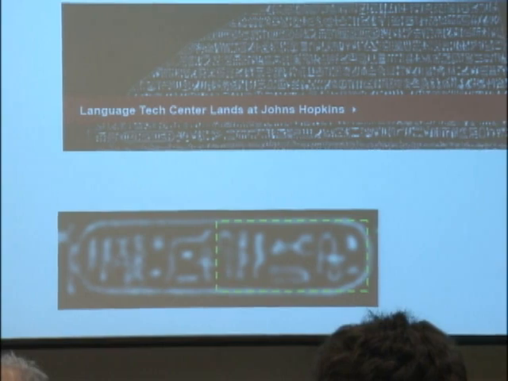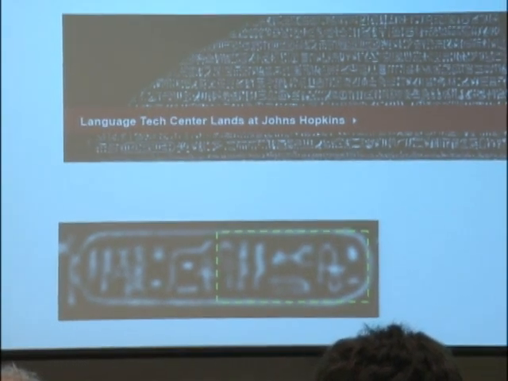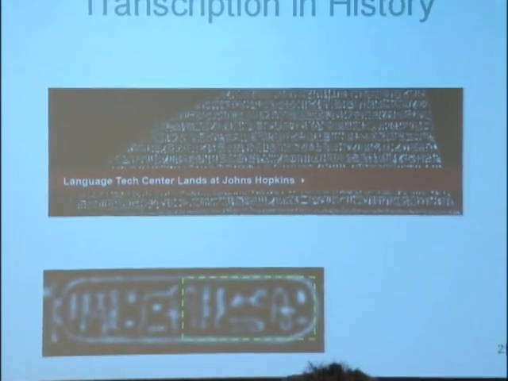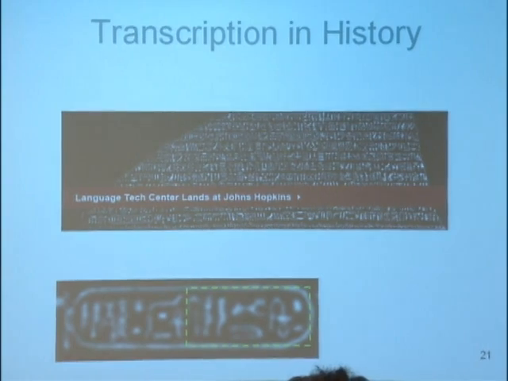The Egyptians actually transcribed the names of the Greek rulers into hieroglyphic symbols, and it was this transcription, or what's more commonly called transliteration, that enabled people to finally crack the Egyptian code. So transliteration, transcription, whatever you want to call it, has a rather important role in history.